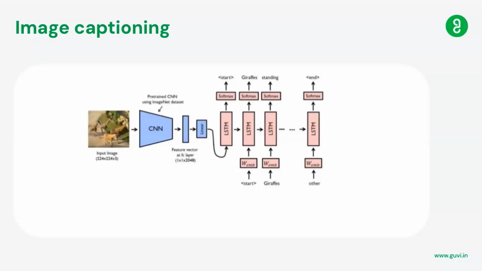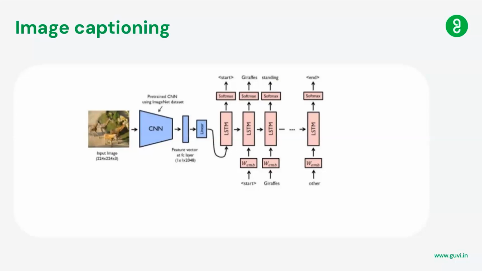So "giraffe standing" is the caption for this particular image, right? And how it is being done is you already have a pre-trained CNN model, which is trained using the ImageNet dataset. The ImageNet dataset is one of the most widely used datasets for such cases. So you can have a pre-trained CNN model, which is already available online.